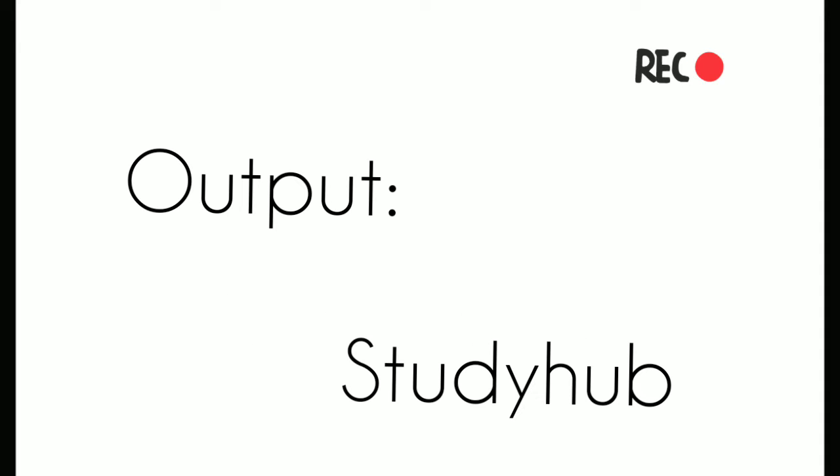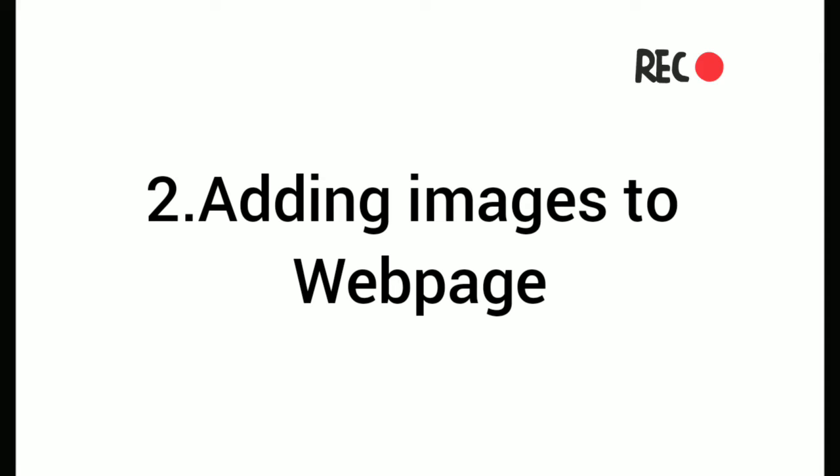For example, STUDYHUB at 120 pixels will be the output of the program. This says what the content of the page would be and what the page says about everything. Now the second part after heading: adding images to the web pages.